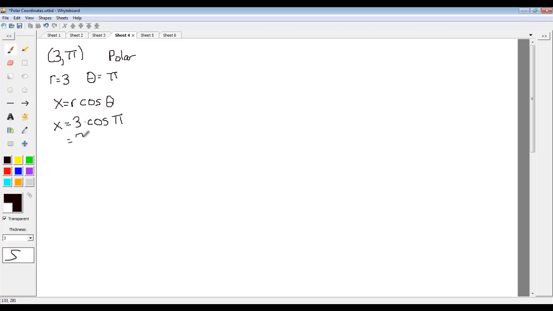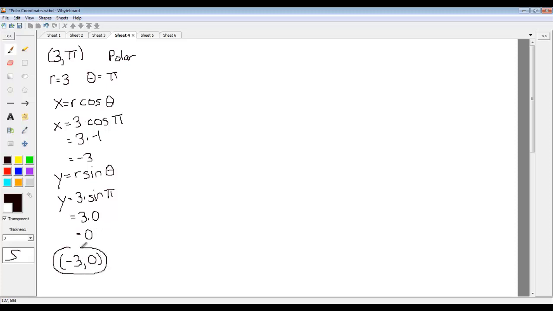So that's 3 times -1 or -3. And if y equals r sine theta, then y equals 3 times sine of pi. So that's 3 times 0 or 0. So the rectangular coordinates for that same point would be negative 3, 0.